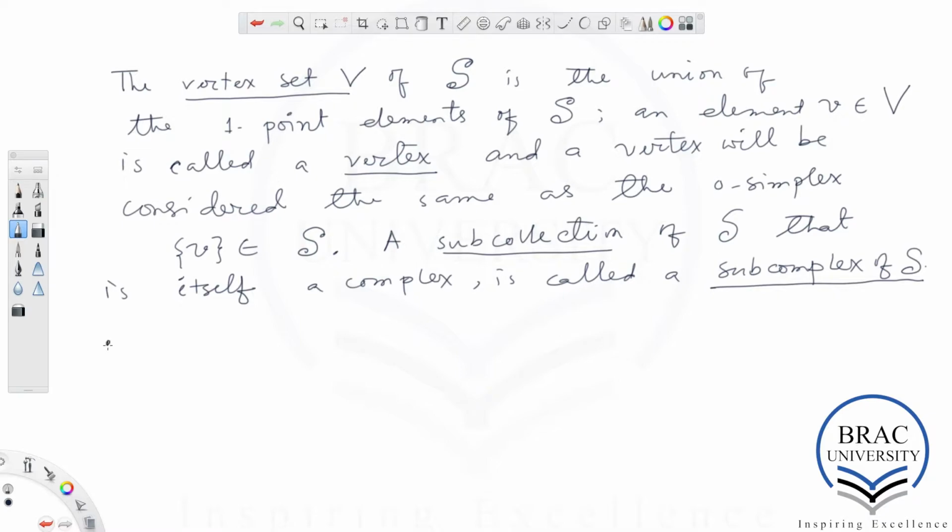Now the notion of isomorphism between two abstract simplicial complexes.